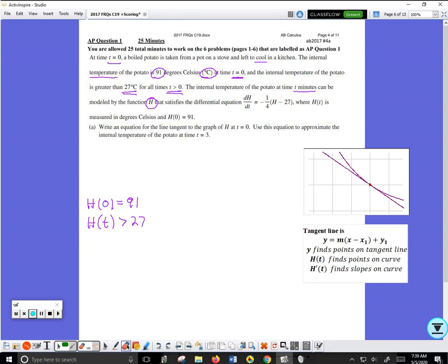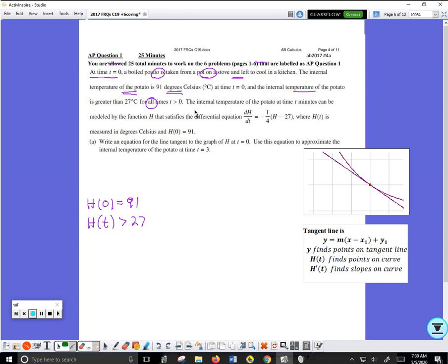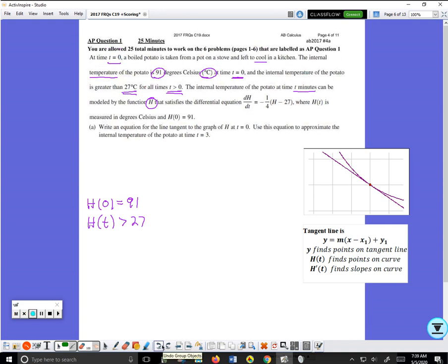Differential equation. Okay, remember, just because they give you a differential equation doesn't mean they'll ask you to solve it. Maybe they will, but don't assume that they will. So I've got a differential equation, dh dt. So now I'm over here doing my amount and rate thing. My amount is the temperature, h of t.